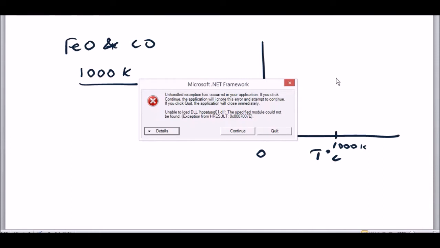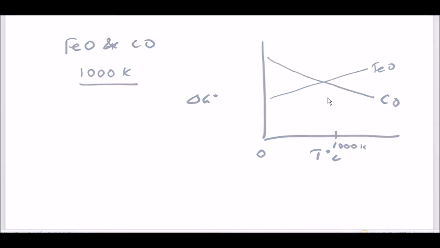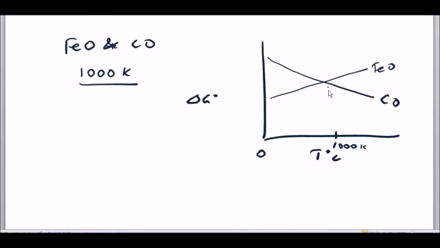One will be the FeO and the other one is the carbon monoxide. So at this particular intersecting point, in this particular junction, the corresponding temperature is roughly about 1000 Kelvin.